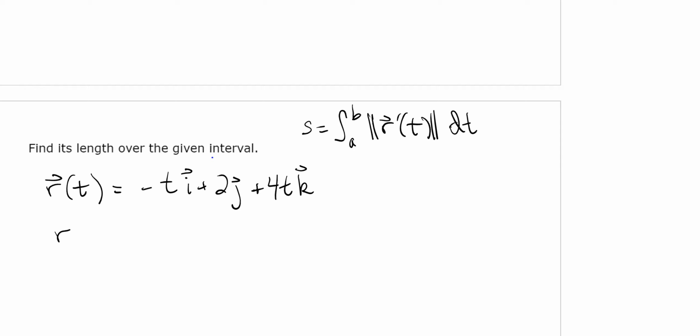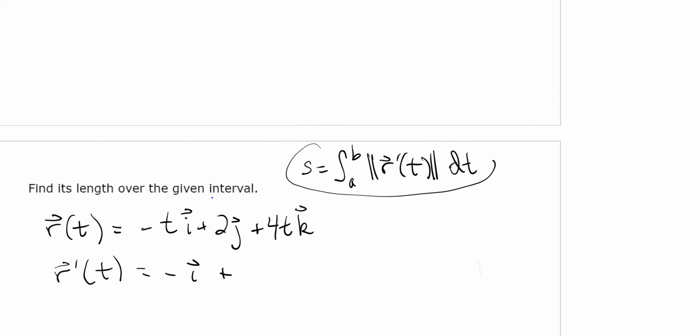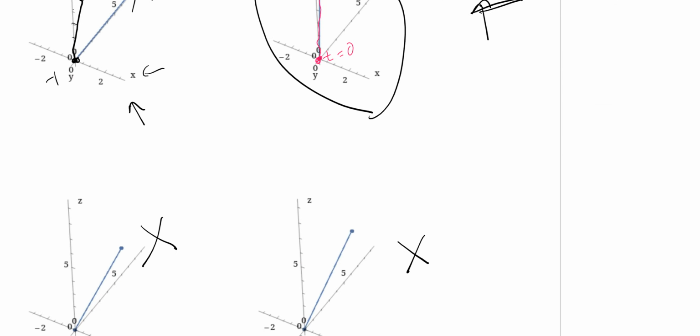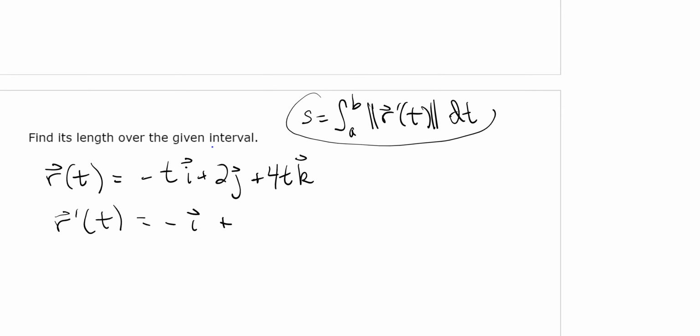All right, so to use this formula, the first thing we need is the derivative r prime of t, which would be negative i, plus 2t j, so the derivative of 2t is 2j, plus the derivative of 4t is 4, so plus 4k.